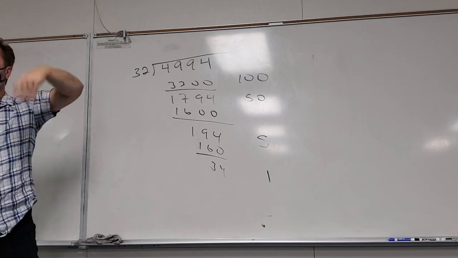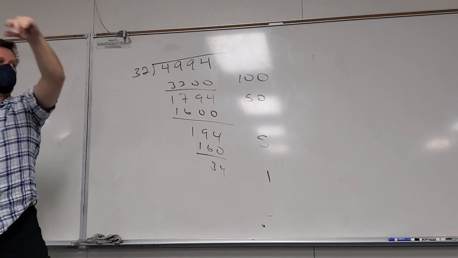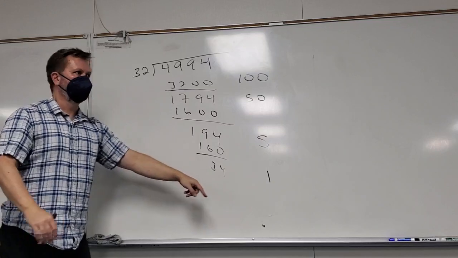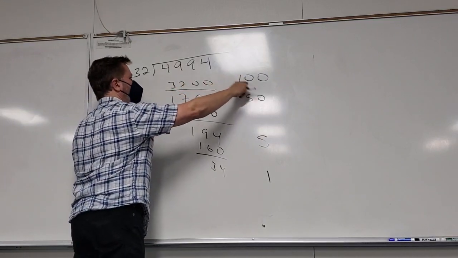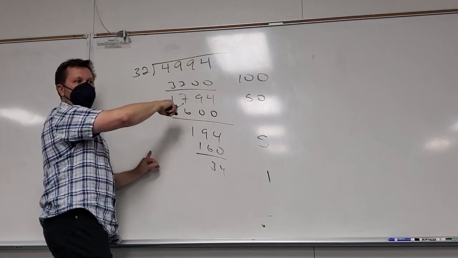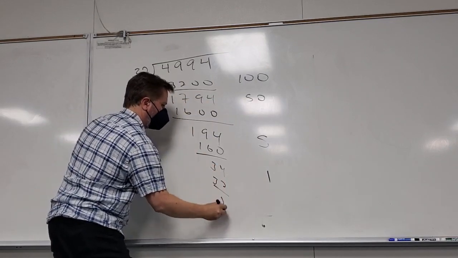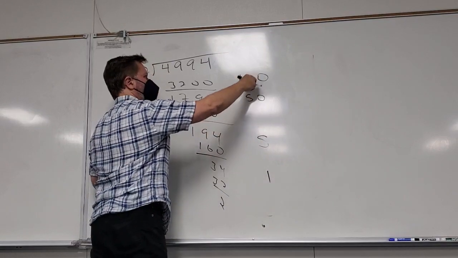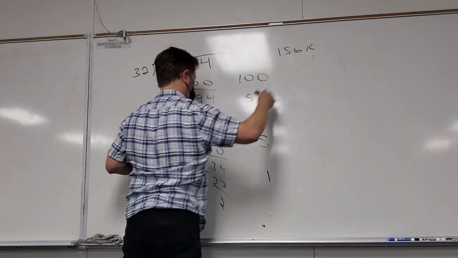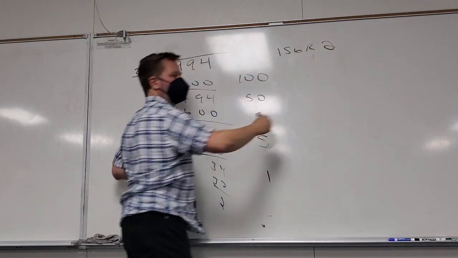And as long as I subtract enough and then add up all the subtractions I did. So when I did this, I subtracted 100 32s from this. And then I subtracted 50 and so forth. Now I just have to subtract one more, and then I've got the remainder. So what do I have? 156, remainder 2. Kabam.